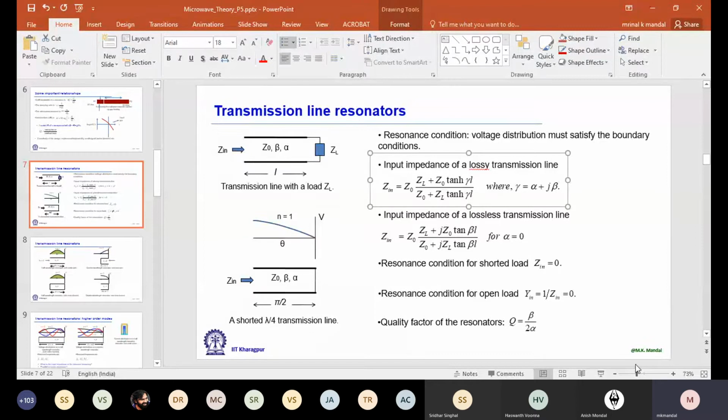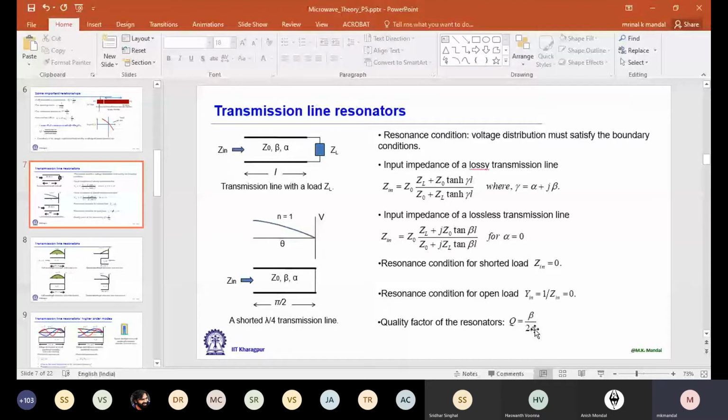Then we have some other conditions. Resonance condition for shorted load: Z in equal to 0. For open circuit, Z in is infinite or Y in equal to 0. And the quality factor of the resonator, Q, is equal to beta by twice alpha if it is lossy.